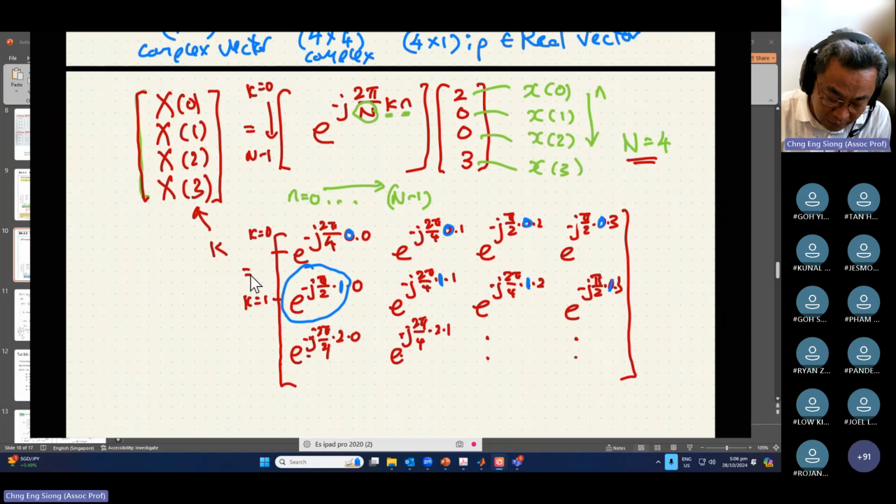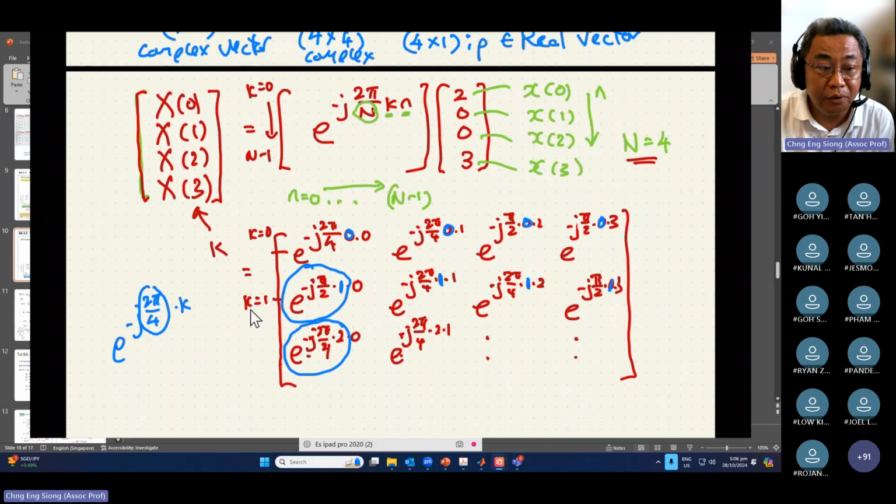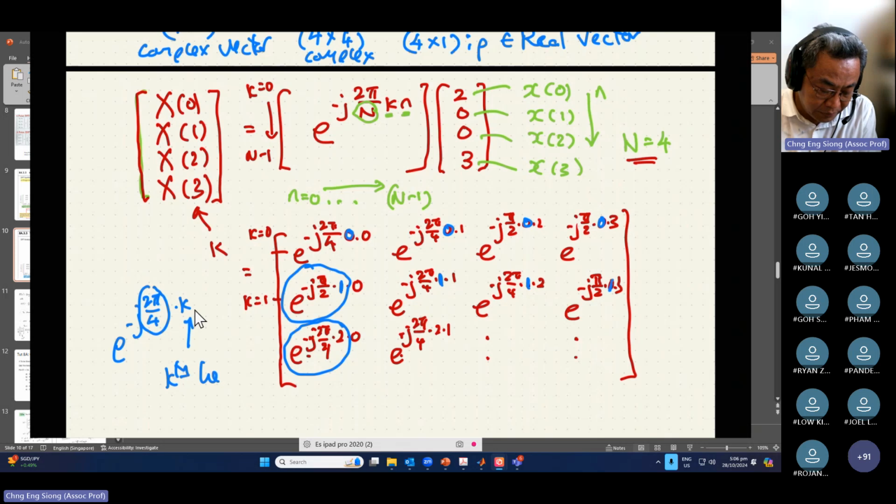So you notice that e^(-j2π/4), this guy is the fundamental frequency. k is the harmonics. As I increase my k, I am making the row vectors rotate faster and faster. Okay, that's it. So we call it the k-th harmonic.